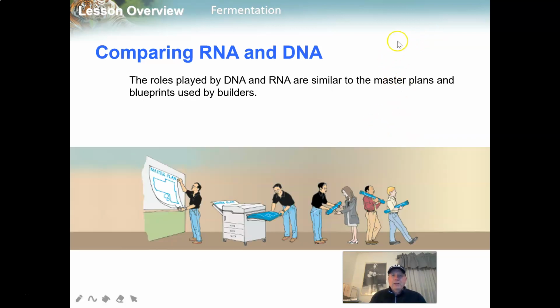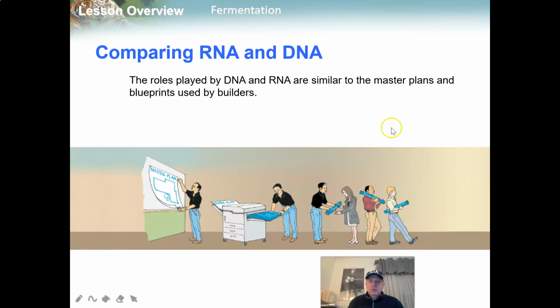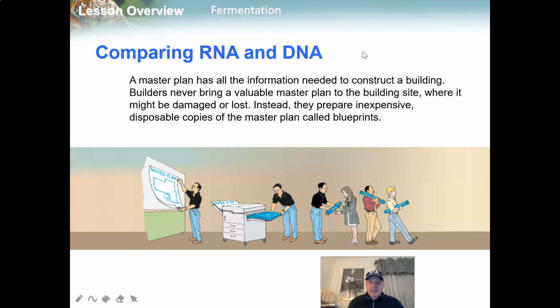The roles played by DNA and RNA are similar to the plans of blueprints used by builders. So in other words, the DNA has the information, and then it copies the information and sends it outside the nucleus.